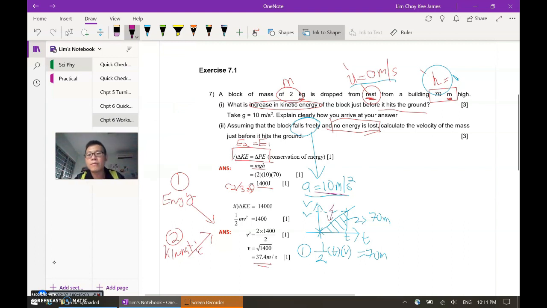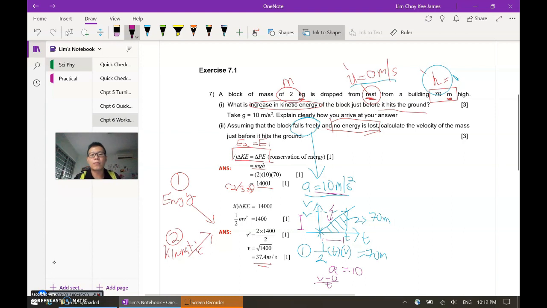And gradient in math is rise over run. This information tells us that the rise, which is acceleration, is 10 meters per second squared, and the gradient formula for acceleration is rise over run. So the rise will be here, the run will be here, so you get v minus 0 divided by time taken.